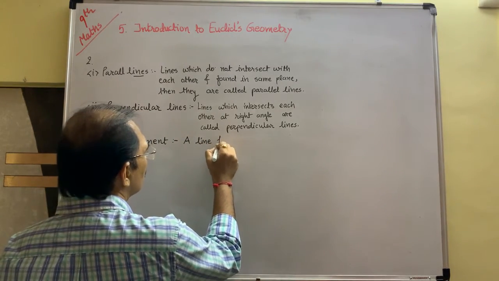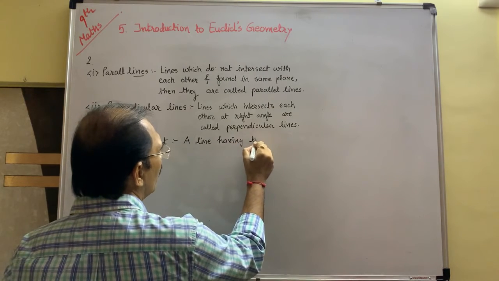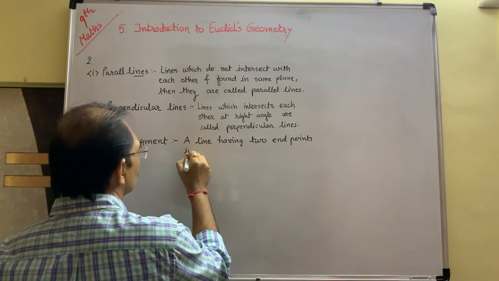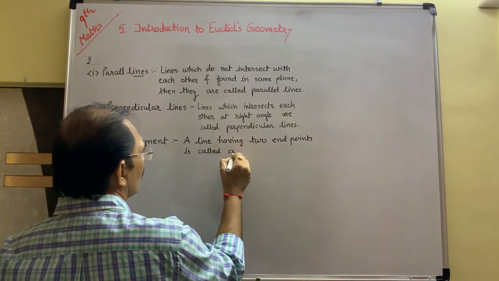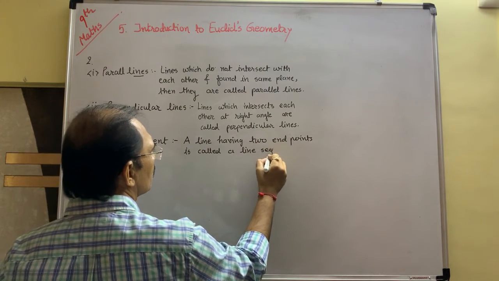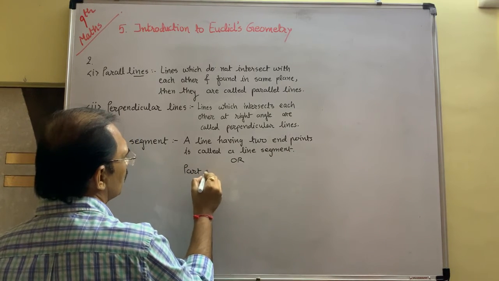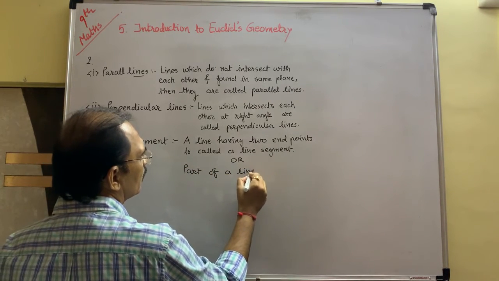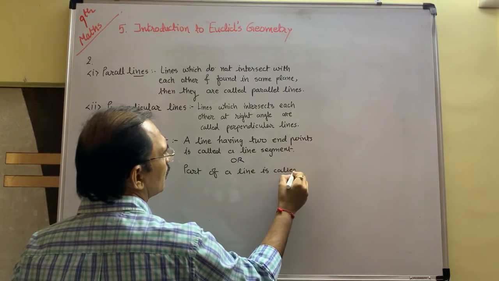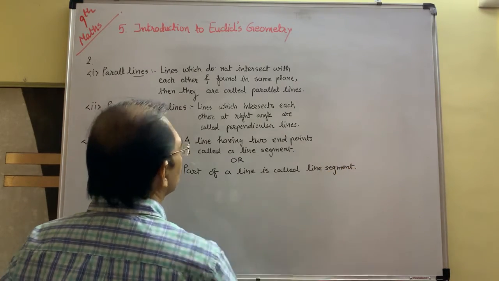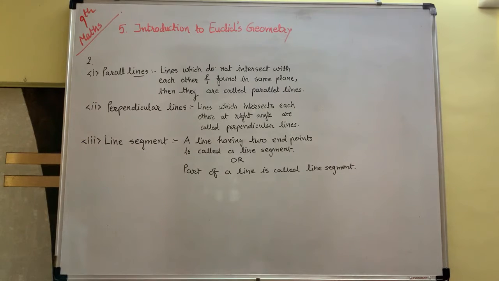A line having two endpoints is called a line segment, or a part of a line is called a line segment. Fourth, the radius of a circle.